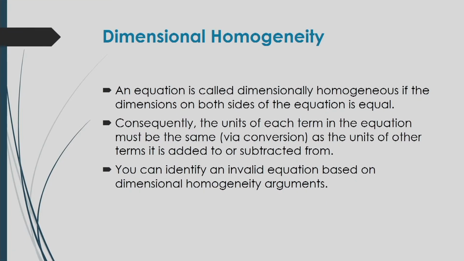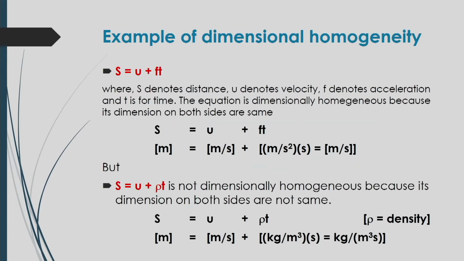This is called the homogeneity of dimensions of an equation. You have to calculate the units or dimensions of both sides of the equation and check whether they are the same. The dimensions should be uniform on both sides.